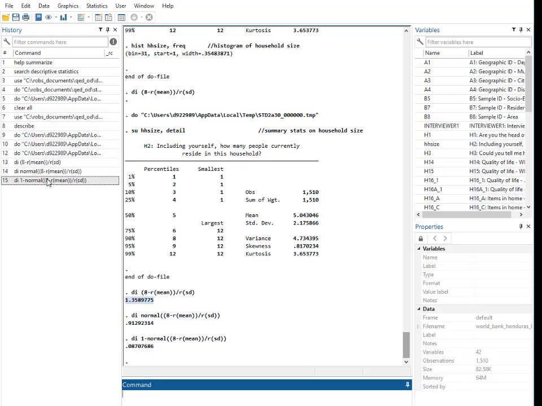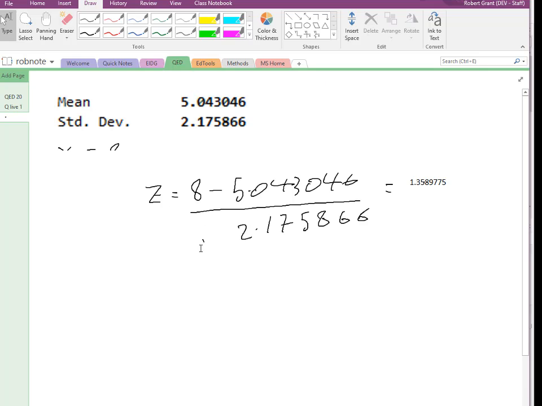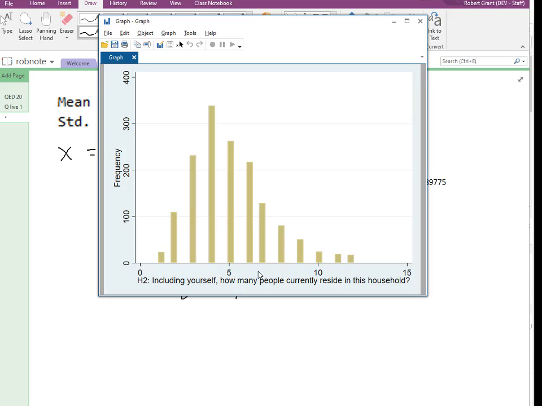And that's the final answer, so it's about 8.7% above 8. So I'd expect that there'd be about 8.7% of households with more than 8 people if it was normally distributed.